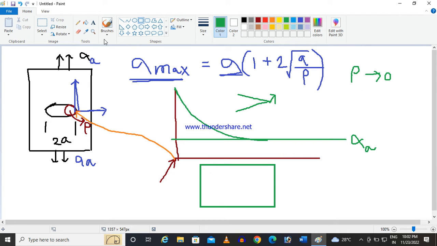In this corner the stress is very high, because the radius is nearly 0. So infinite stress will develop there, and the crack will propagate. If due to this sharp notch the maximum stress crosses the critical stress, then the fracture will take place.